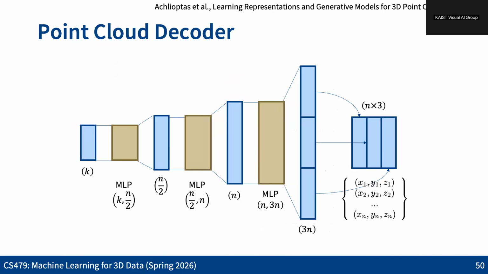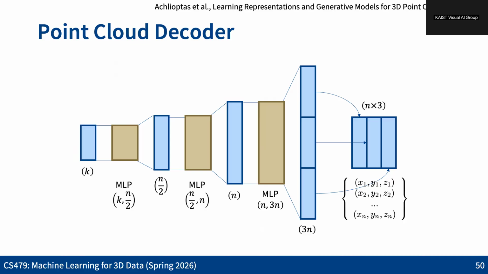But we're just going to discuss a simplistic idea: let's make some kind of MLP architecture that makes 3 times 1024 as the final output of the MLP, and just cut this into thirds like this, and take each of them as the x, y, z coordinates, right? A very simple idea. Actually, this works. You don't need any fancy thing. This would work for most cases. But depending on your applications, you can choose something fancier.